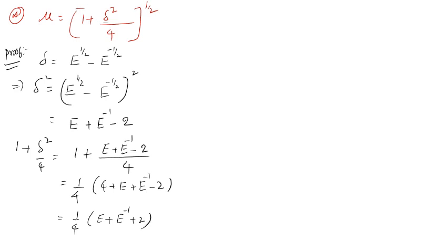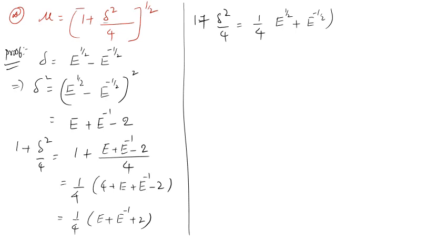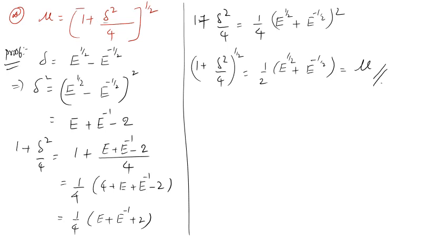So 1 plus delta square by 4 is 1 by 4 of e power half plus e power minus half, whole square, correct? Now what is the RHS? Whole power 1 by 2. So this is 1 by 2 of e power half plus e power minus half. This is nothing but the average operator.